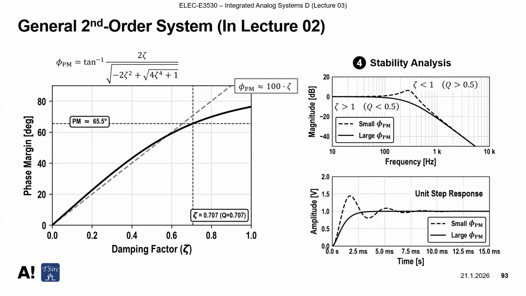And in the frequency domain, we have a sinusoidal response for the small phase margin, because we have an underdamped condition. For the underdamped condition, we have figured out there is an imaginary term within the square root that goes to a sine wave equation.